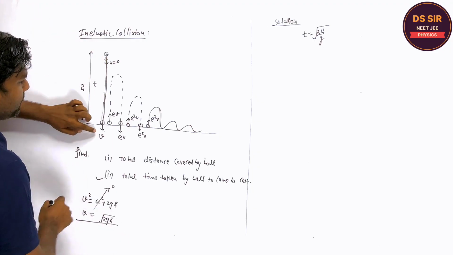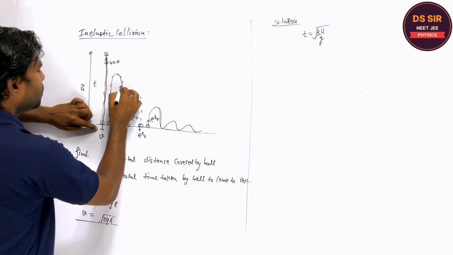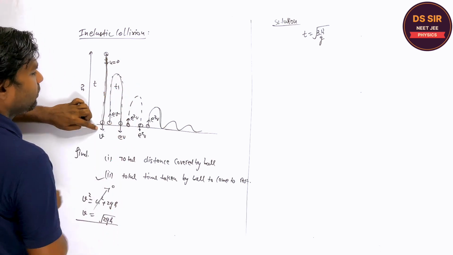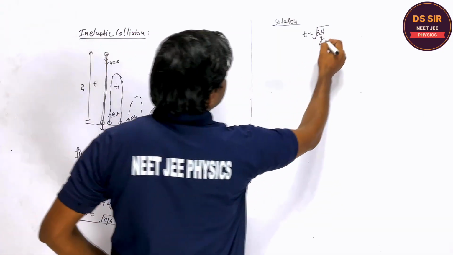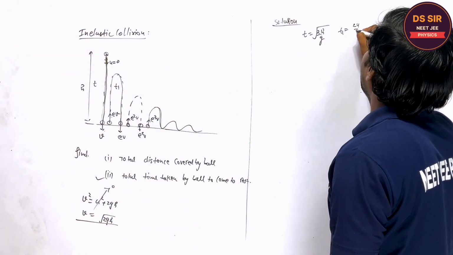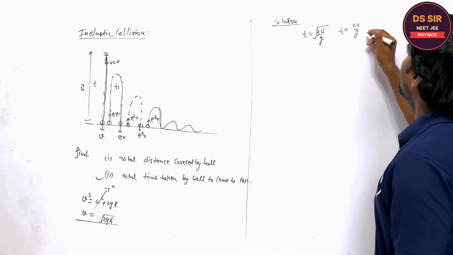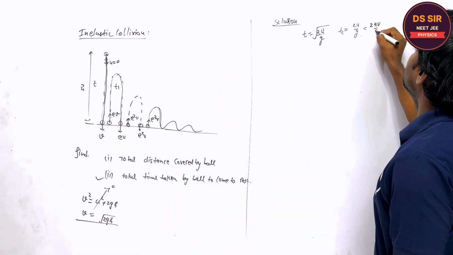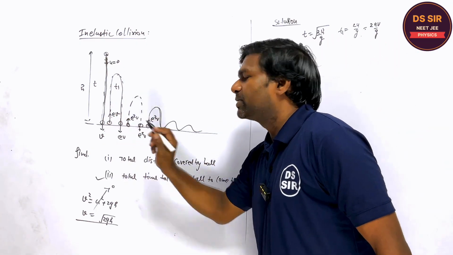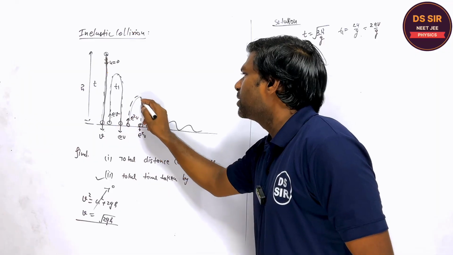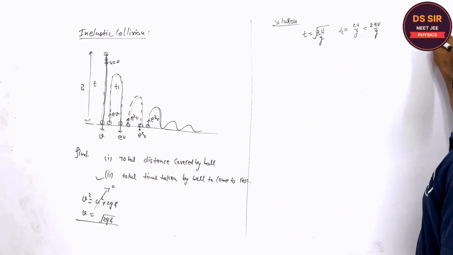You have to understand. And the rebound speed is ev. So from here to here, the total time I am assuming is t1. So what is the t1 you will write? The t1 you will write 2u upon g, if you remember. But instead of u, you have to take ev. Is it clear? For this part, the speed is ev. Did you remember t is equal to 2u upon g?